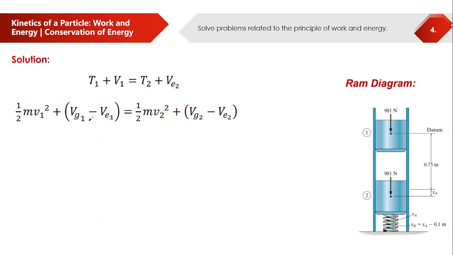And dito, kailangan natin i-consider of course yung spring kasi meron na siyang elastic potential. Kailangan na natin i-consider yung elastic potential energy kasi meron na tayong spring involved, no? So it is equals to, the final energy, 1/2 mv sub 2 squared plus V sub G sub 2 minus V sub E sub 2.